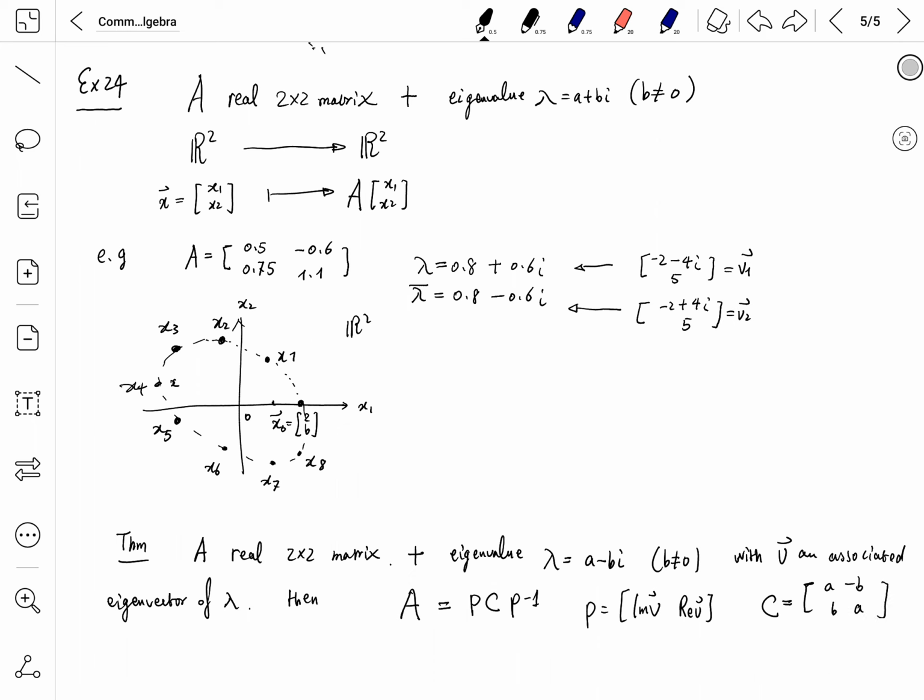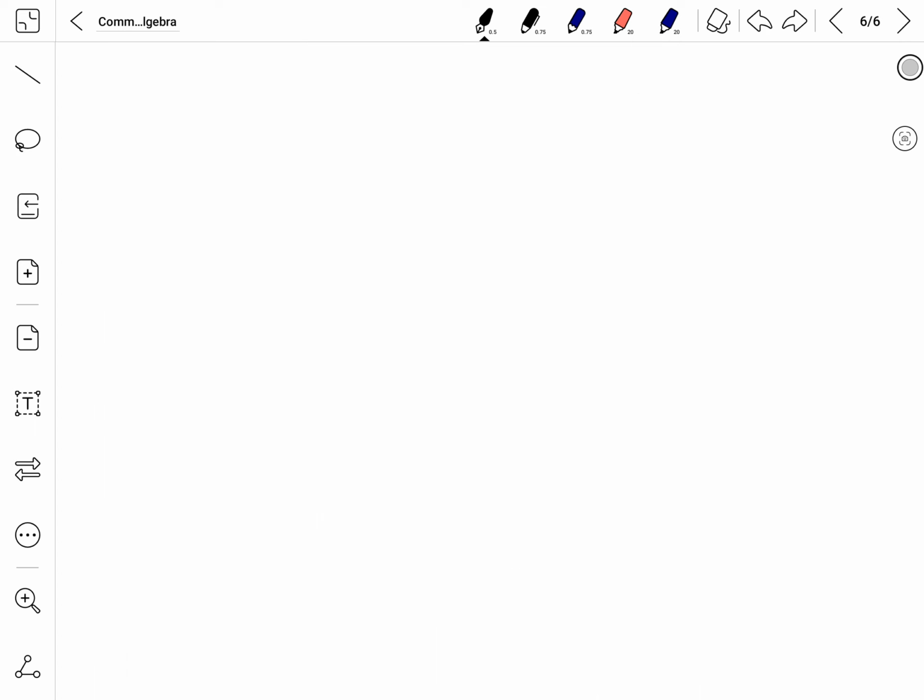Okay, so let's first see what this result is telling us. The first remark is that [a, -b; b, a] is actually a rotation composed with a scaling. If this is the zero matrix, then there is nothing to say, trivially this is true.